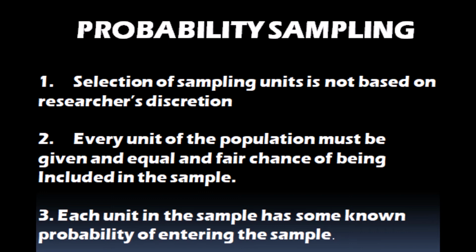So when you use this kind of procedure that ensures that a fair chance is given to every sampling unit to be included, then the probability of every unit to be included is known and equal. Those types of procedures are known as probability sampling techniques.